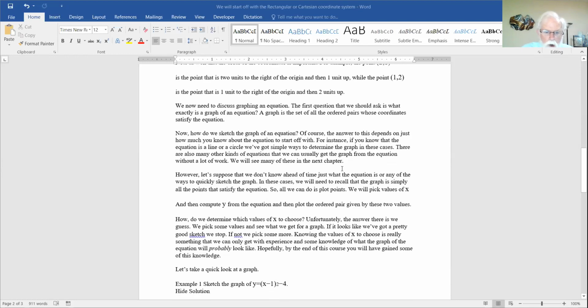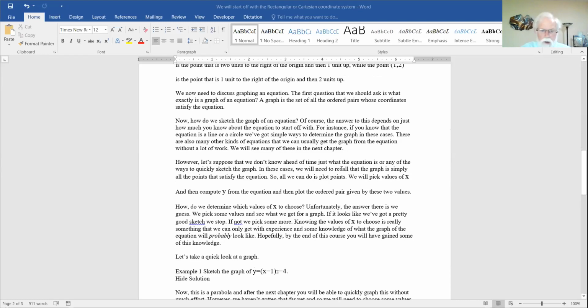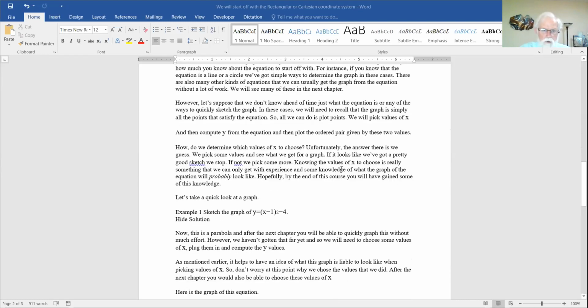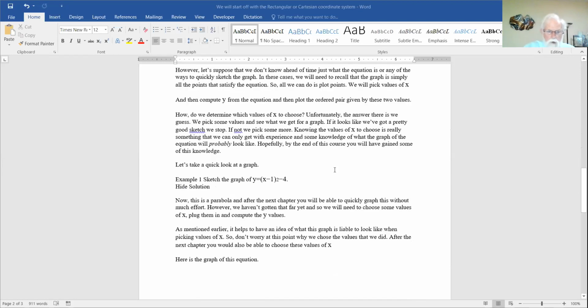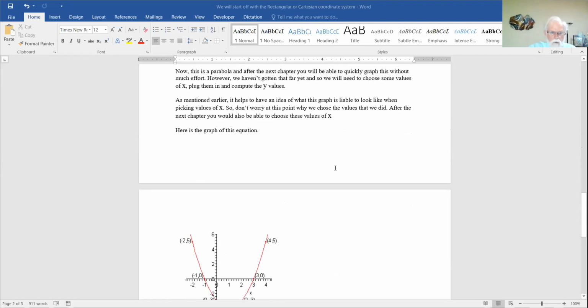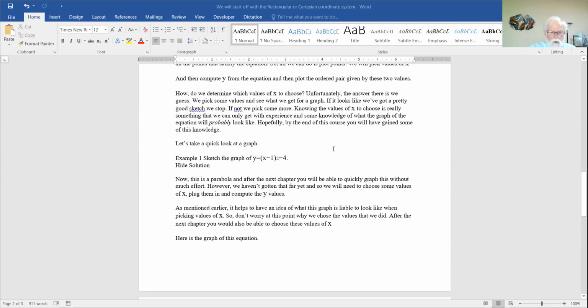So what we can do with equations is actually take an equation and we'll see some graphs here. So let's take a look at an equation. This one, the format's wrong. This should be x minus 1 squared. I'll fix that right now, in fact.